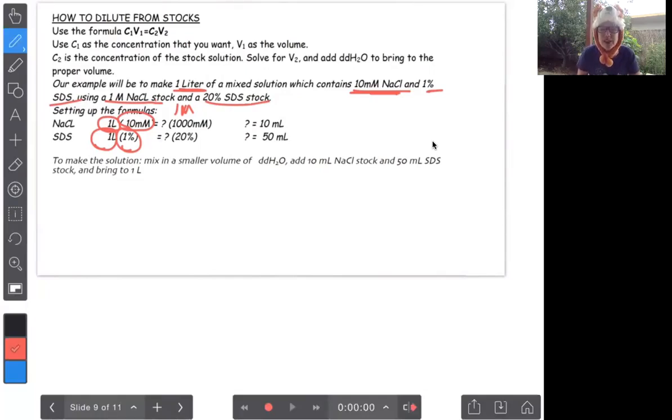And why did we change units? Because we want to carry the same units. If you don't have the same units on either side, you will not get the right answer. You will be off by many, many decimal points. So you either change this to molar and leave this as molar, or you change both to millimolar. You can't have 1 millimolar and 1 molar. Units must be the same.